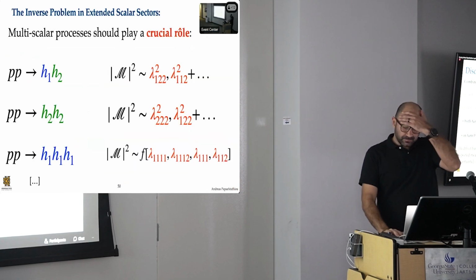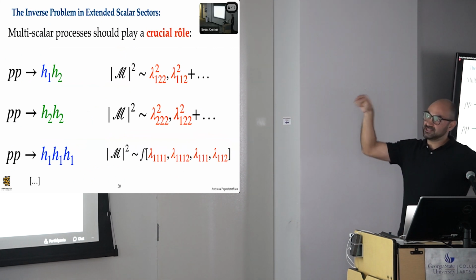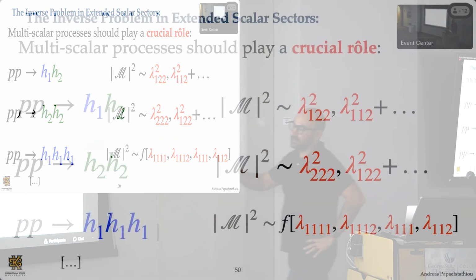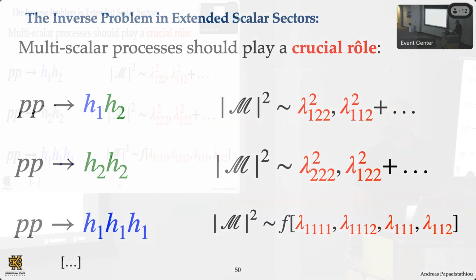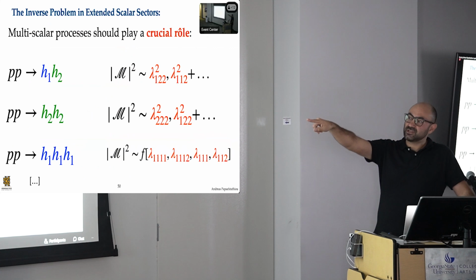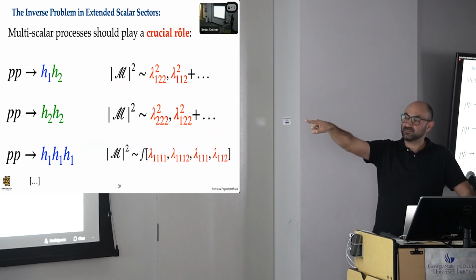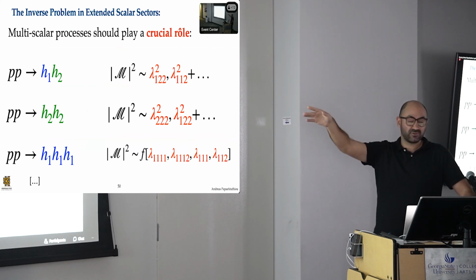Of course, if you want to fully solve this inverse problem in this specific model, you have to look at various processes which are functions of many parameters or interactions. Processes such as proton-proton to standard model-like Higgs boson H1 and new scalar boson H2 will be interesting.